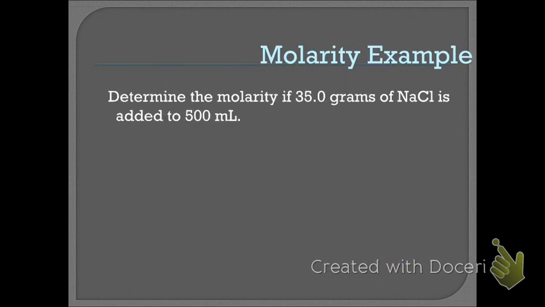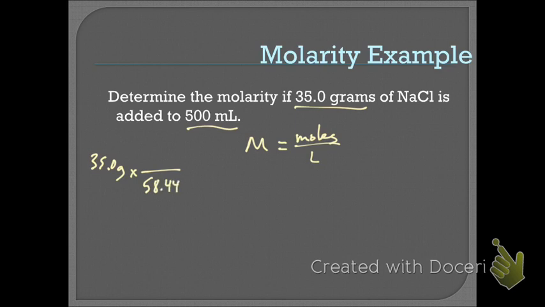The last problem, molarity equals moles over liters. So here I have 35 grams of NaCl and then 500 milliliters. So 35.0 grams has to be converted to moles. I use the molar mass of sodium chloride.